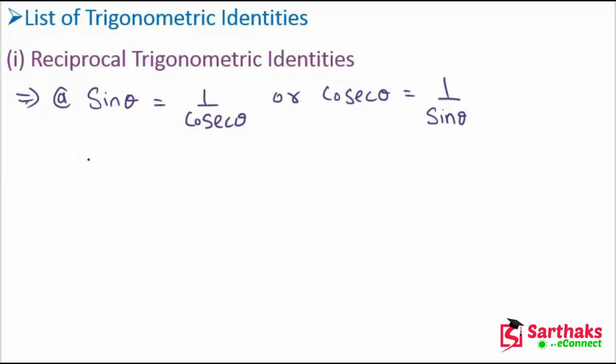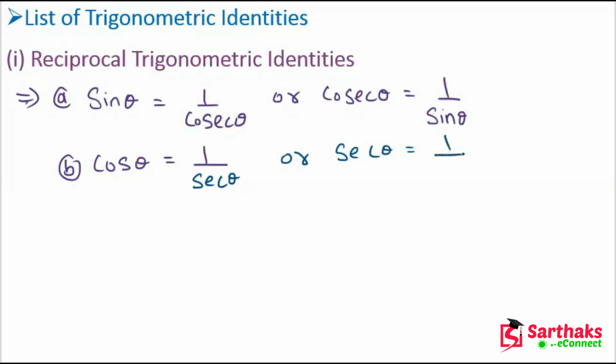Cos theta is equal to 1 upon sec theta, or sec theta is equal to 1 upon cos theta.